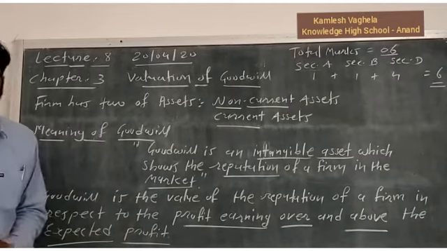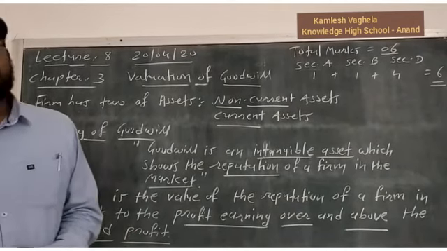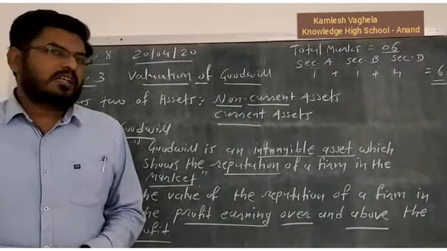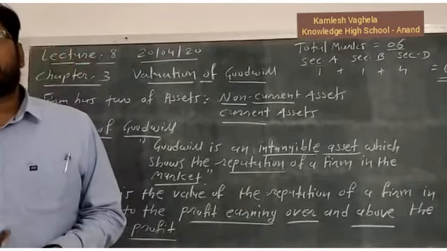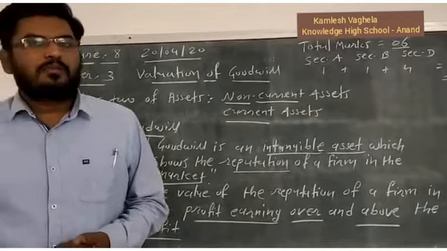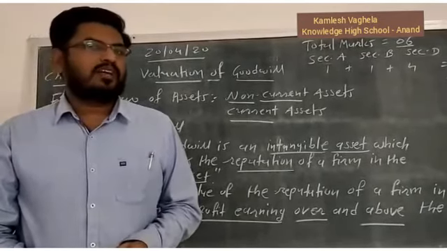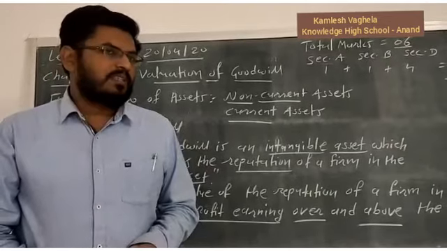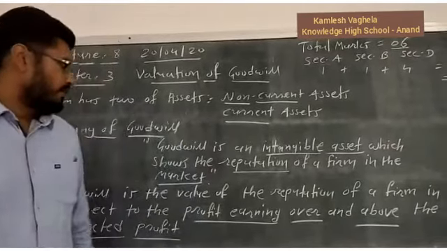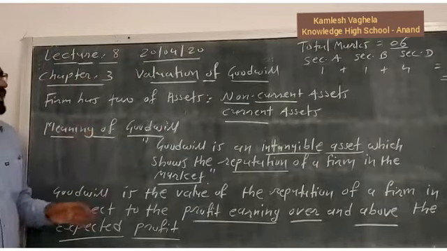It means when we earn more profit than the expected profit, our firm holds goodwill. For example, we expect 1 lakh rupees profit per year, but we earn more than 1 lakh. It means our firm has earned more profit than expected, so our firm holds goodwill.